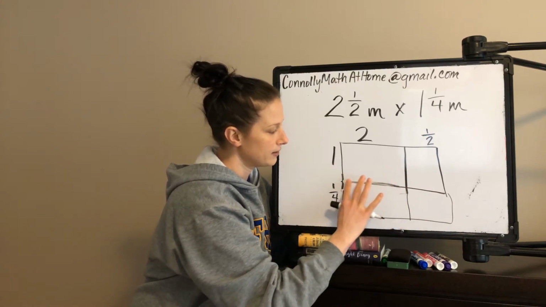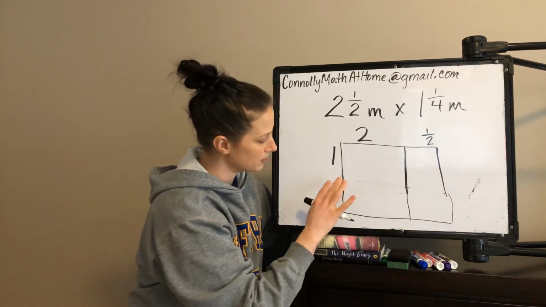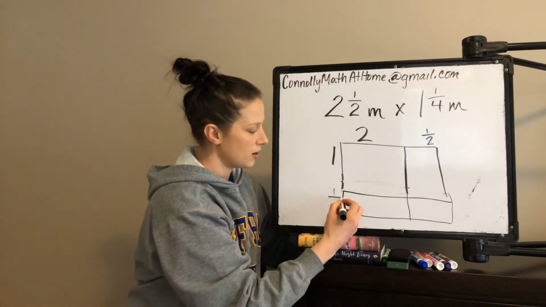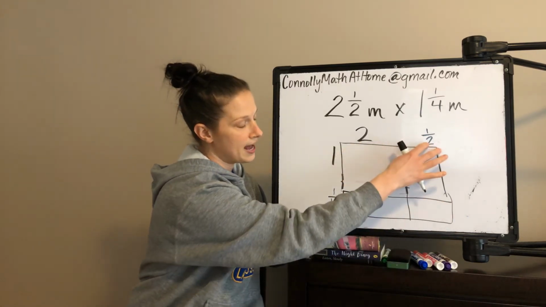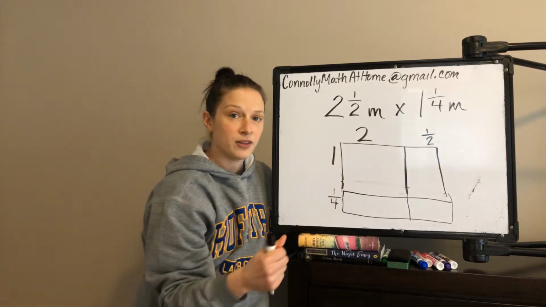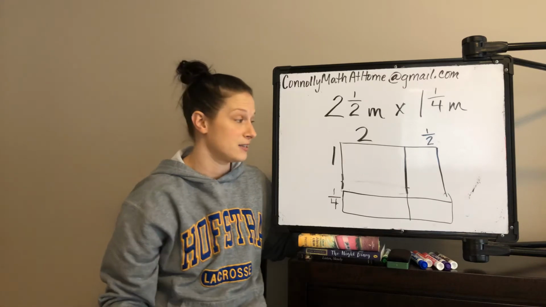It should kind of be similar to what's going on. This 1/4 piece should be a little bit smaller. Okay, so we have 2.5 represented on this dimension, 1 1/4 represented on this dimension.